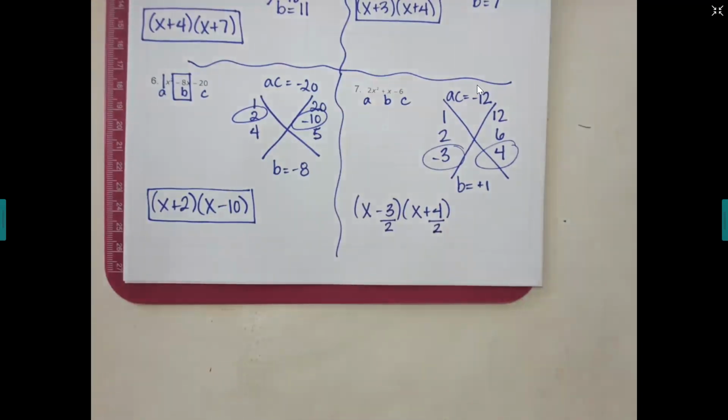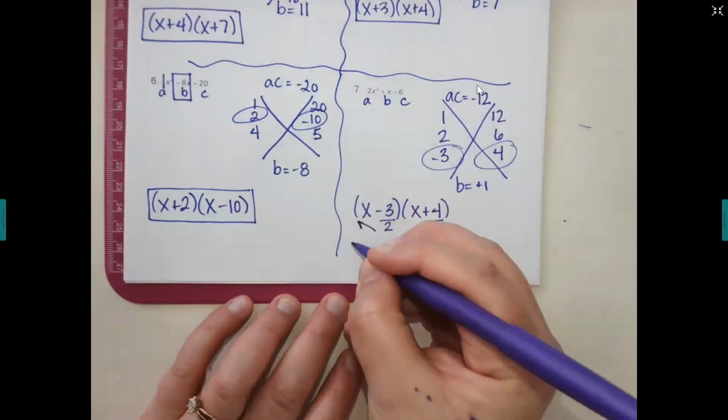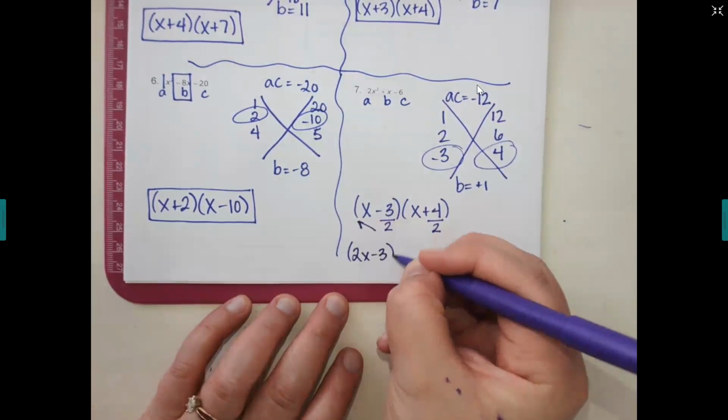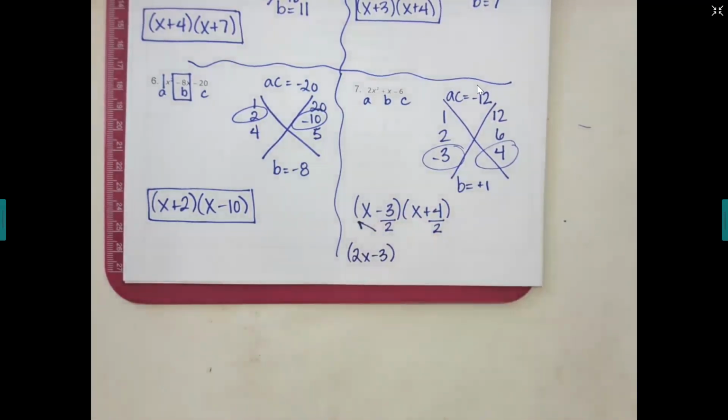Okay. Now, at this step, you are either going to divide or slide. Let me show you how it works. Will 3 divide by 2? Then I'm going to slide it to the front with the X. So it's going to slide up here, and now it's 2X minus 3. My 4, however, can divide by 2. What is 4 divided by 2?